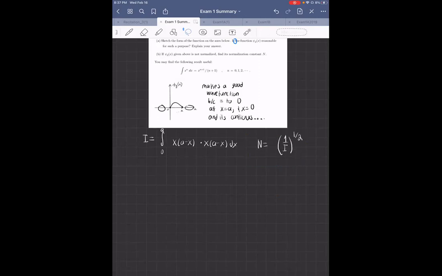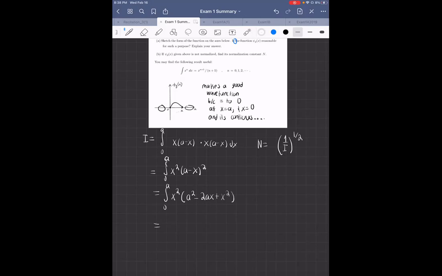Okay, so from here, you can multiply, and you'll get x squared times a minus x squared. From here, you multiply out a minus x, and this will be a squared minus 2ax plus x squared.